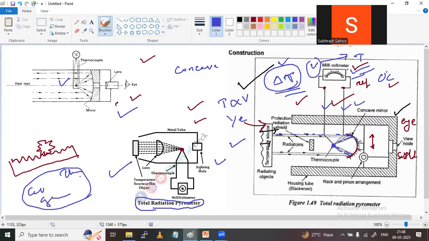Then the lens becomes ineffective in focusing the hot radiation to a single point if it is covered by ash or dust particle, right? So proper periodic maintenance is required for this lens, or it may be replaced with a new one, right? So this is the disadvantage of these radiation pyrometers.